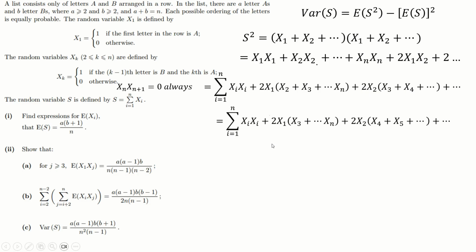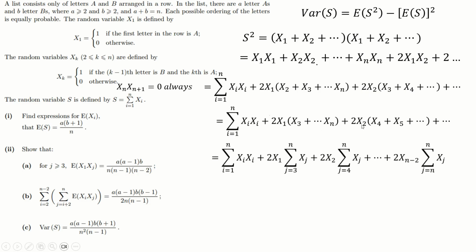Now the next thing I can say is, well, okay, I can kind of write these as a sum within a sum, I think, in the sense that this sum here is just this, and then this sum here is just this, going from j is 3 to 4 to 5 to 6 to 7 and so on, all the way up to the top one. But then we've got a sum within here of just the xi of the 2, and then it's just x1, x2, x3, and so on, up to n minus 2.